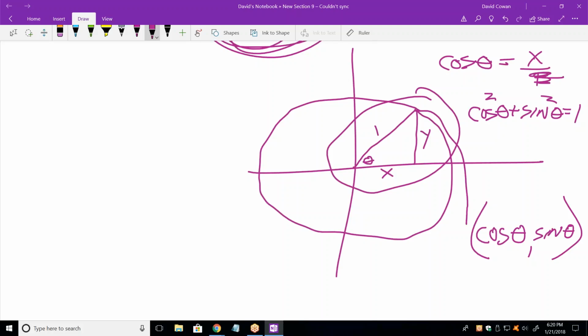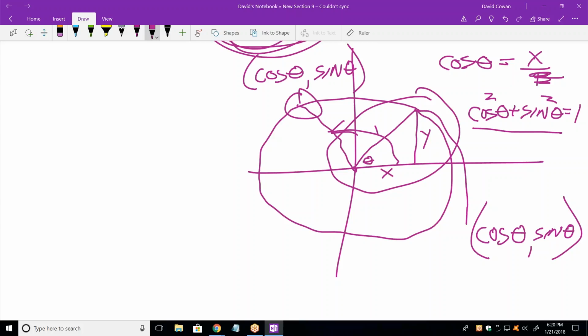As long as you're on the unit circle, no matter where you're at, and that's your angle theta, that point is cosine theta, comma, sine theta. In other words, the x-coordinate is cosine theta, the y-coordinate is sine theta. And that's why cosine squared theta plus sine squared theta is always equal to 1.